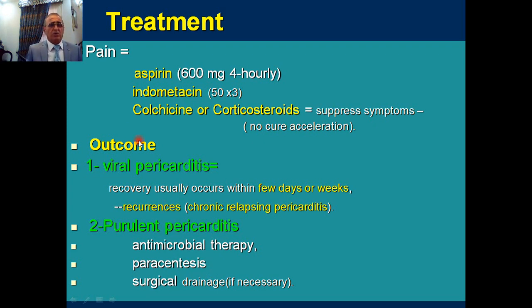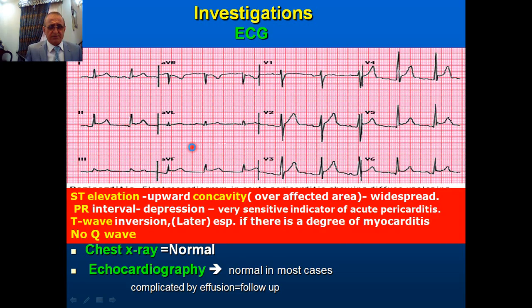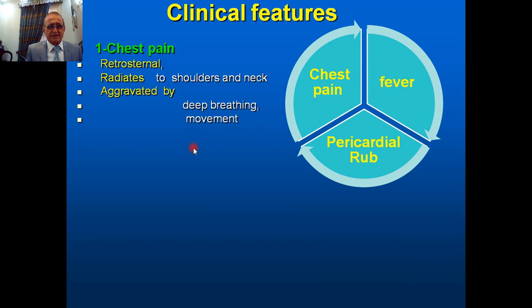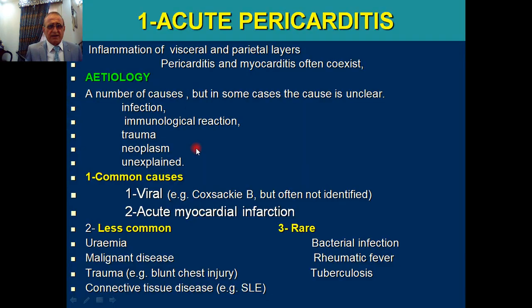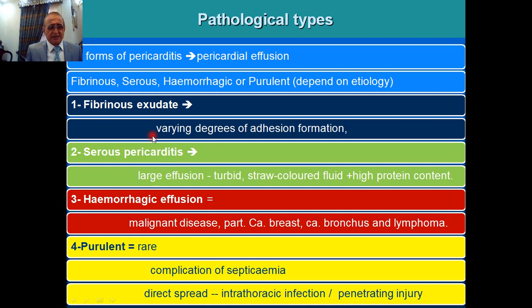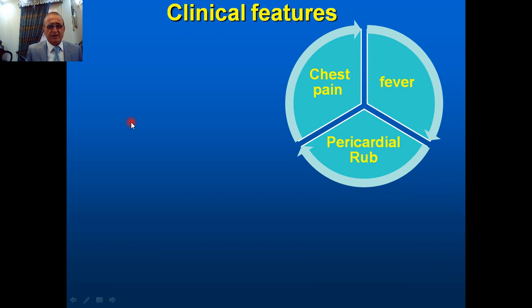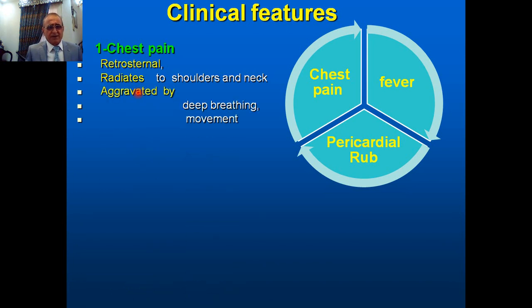This is all about the first entity, which is pericarditis. Just to review simply, pericarditis is inflammation of the pericardium. The commonest cause is viral, and the pathologic process might be serous, hemorrhagic, fibrinous, or purulent. Clinically, the presentation is chest pain with fever and pericardial rub, but the chest pain is aggravated by deep breathing, by movement, by changing position, by exercise, and by swallowing.